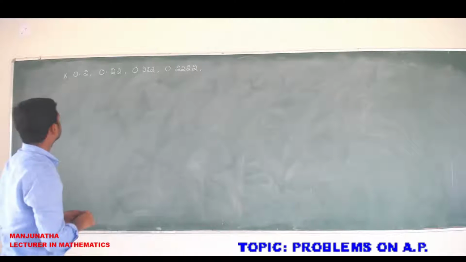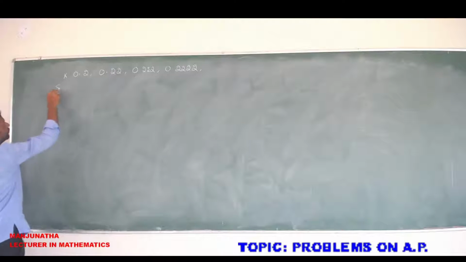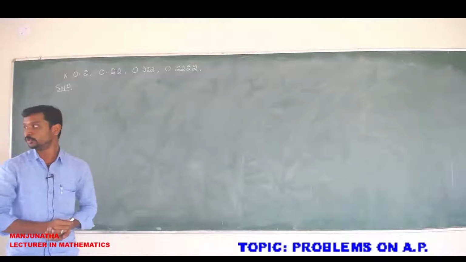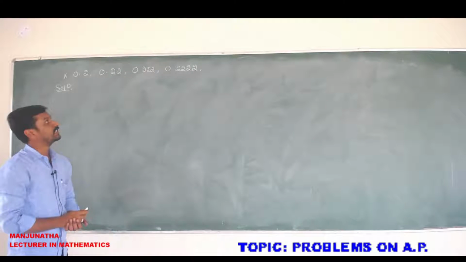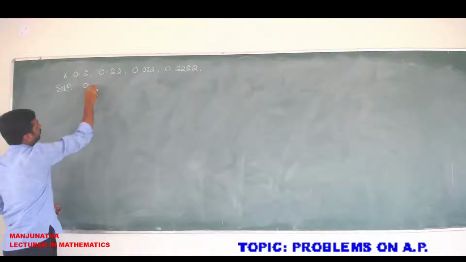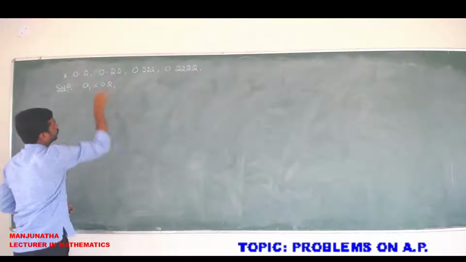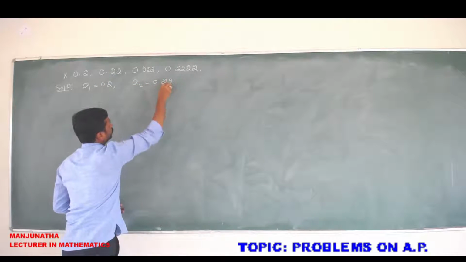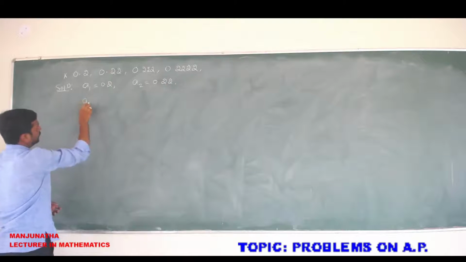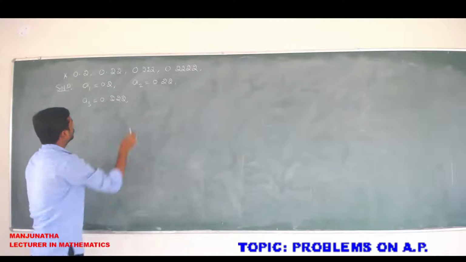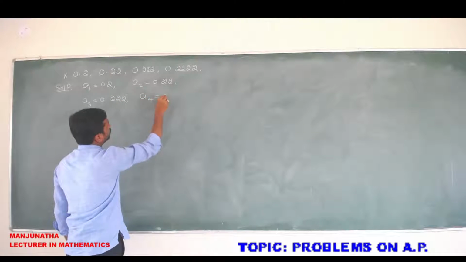So the sequence which we have here is 0.2, 0.22, 0.222, 0.2222. These are the first 4 terms of the given sequence. So first term A1 is equal to 0.2, second term A2 equals 0.22, and the third term A3 is equal to 0.222, and the fourth term is A4 equals 0.2222.